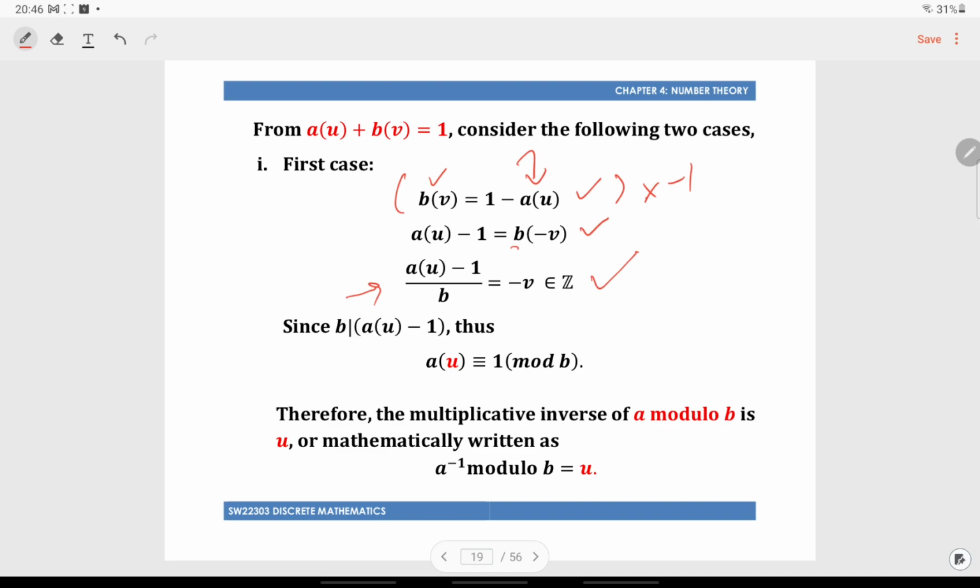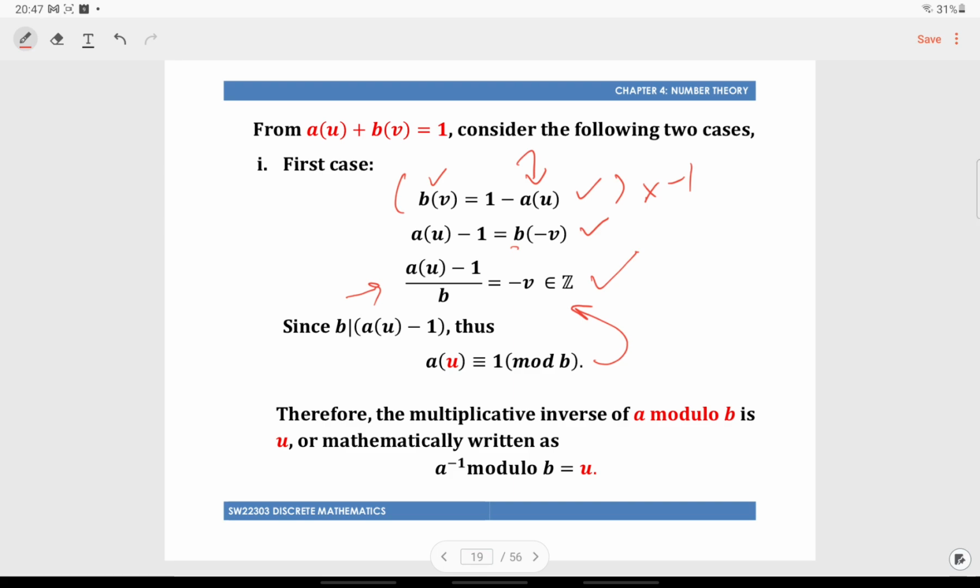From the third equation, we can refer back to the definition of the congruence relation. What we obtain is au congruent to 1 mod b. That means a times u is congruent to 1 modulo b.